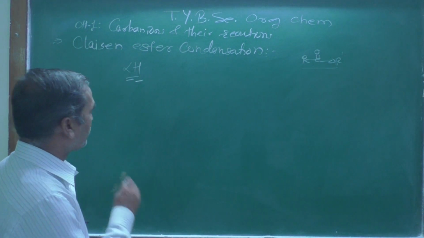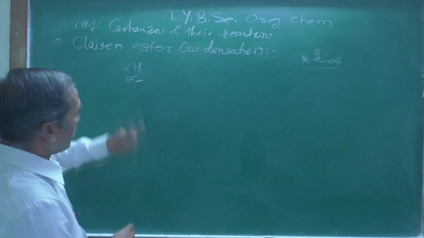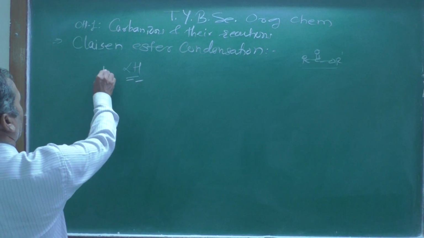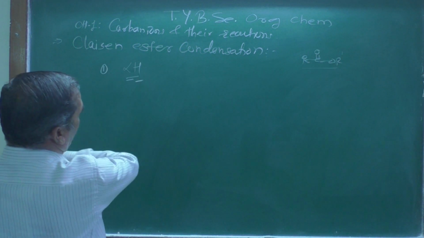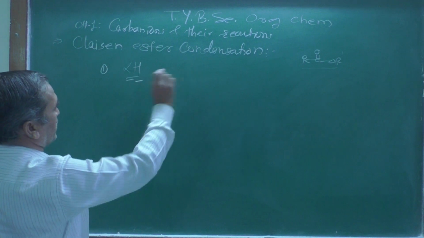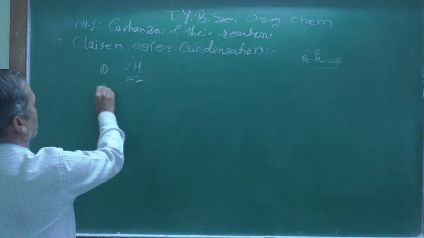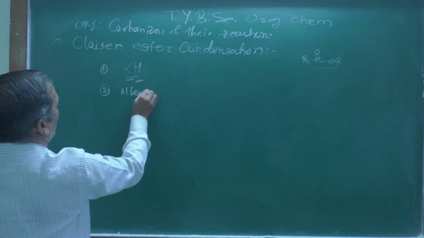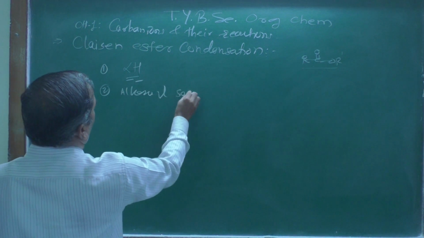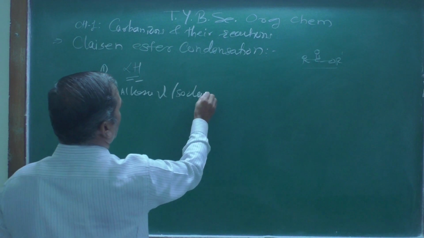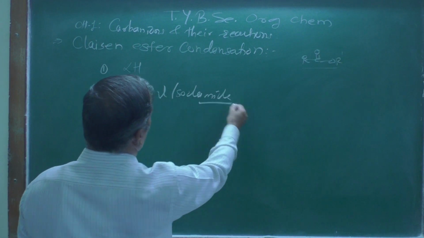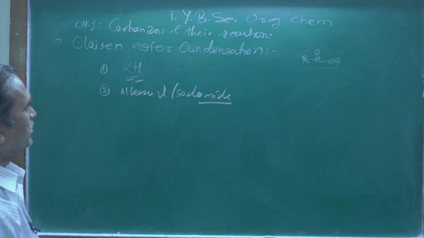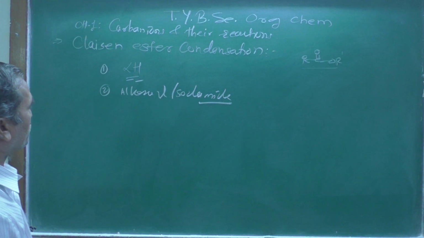Let us see the criteria it requires. First, there must be an alpha hydrogen atom in the ester, then the reaction takes place. Second, a base is used, like an alkoxide or sodamide. These types of strong bases are used for the abstraction of that proton.